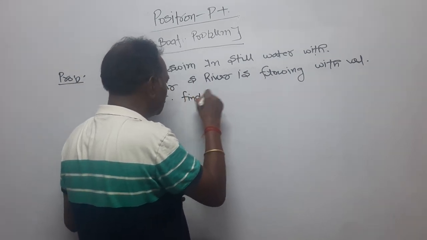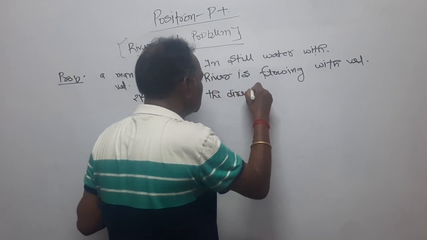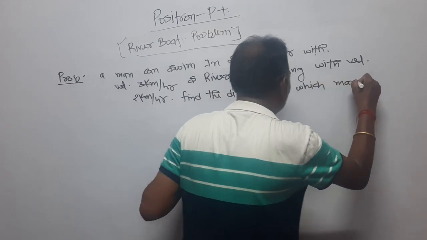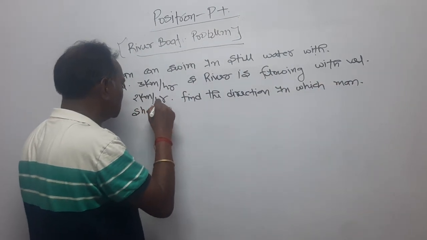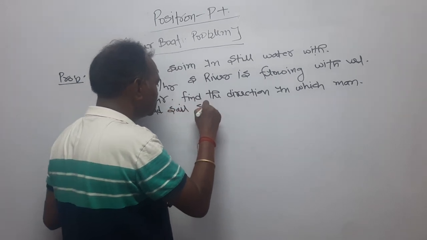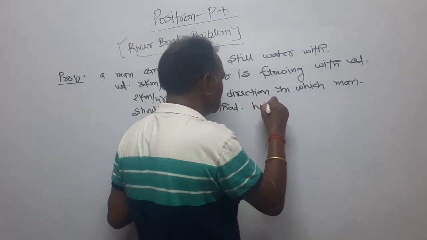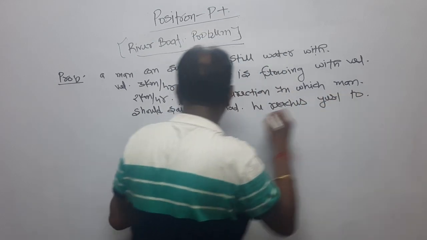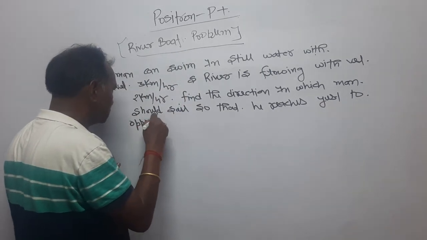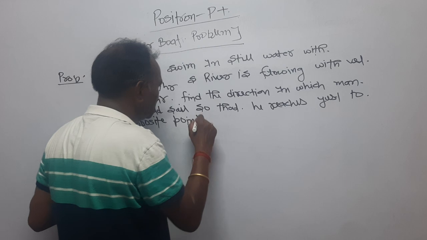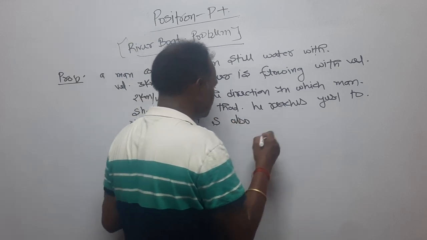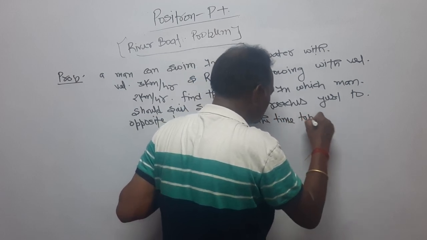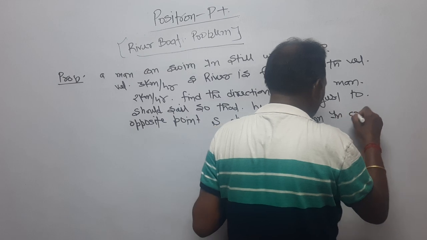Find the direction in which the man should sail so that he reaches just the opposite point, and also the time taken in crossing the river.